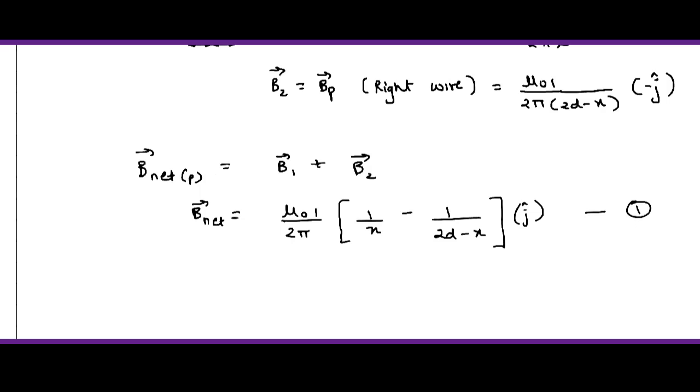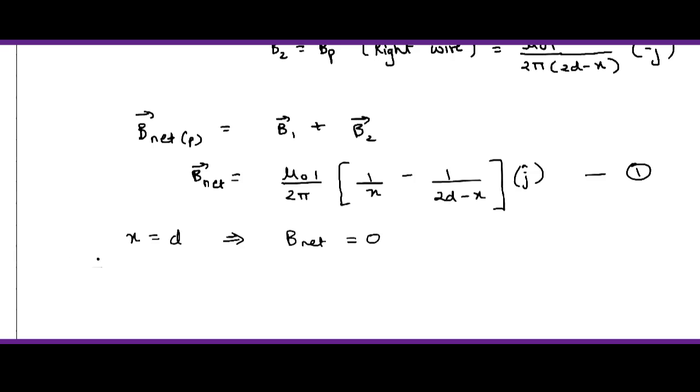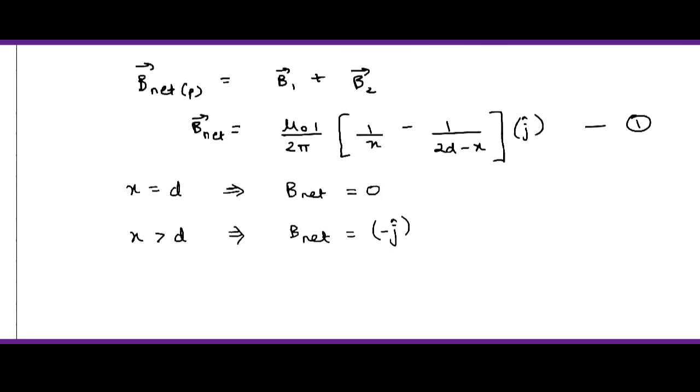From this we can conclude that if x is equal to D, the net magnetic field will be 0. If x is greater than D, the whole answer comes out negative, and the net magnetic field will be along negative J, that is the negative y-axis.